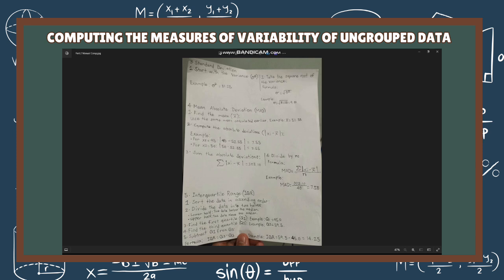So step 3, sum the absolute deviations. Add up all the absolute deviations together, for example. So there we got 303.10 divided by n. This gives the mean absolute deviation.